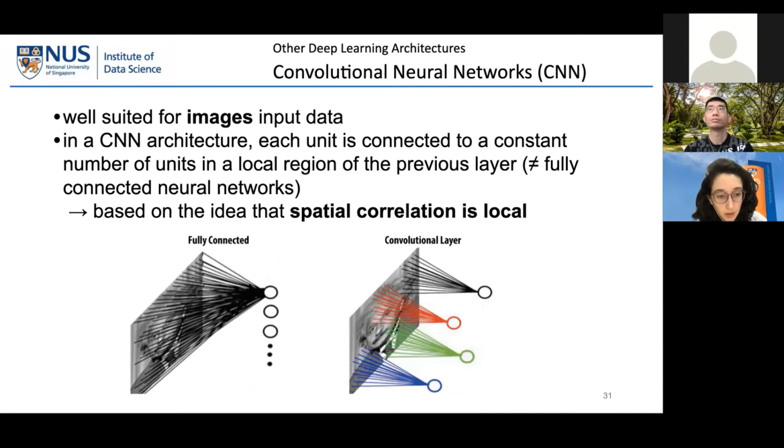You have your 2D image, and you would need to flatten it to create a single very, very long vector, one pixel with one grayscale value, and you will feed it to the fully connected network.